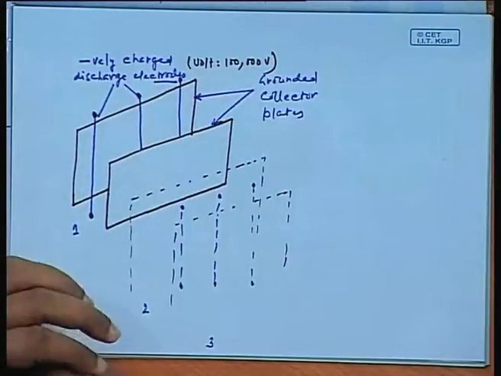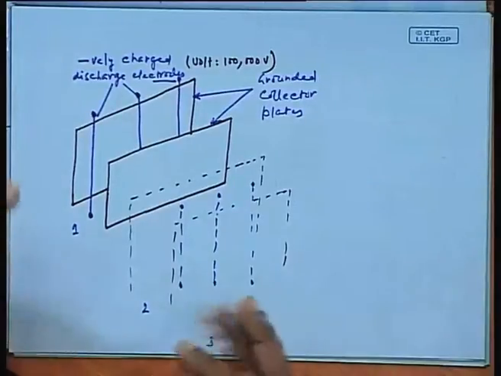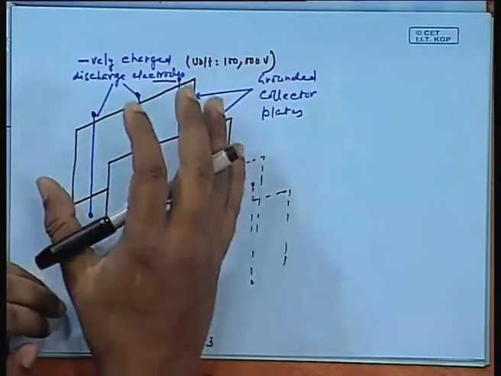This is just to understand that this is not a single column. There will be multiple columns of this in the electrostatic precipitator. There may be, say, about 1,000 such blocks where there will be two grounded blocks insulated by another two grounded blocks, and in between there will be three or four negatively charged discharge electrodes, and the potential difference can rise up to 100,000 volts.